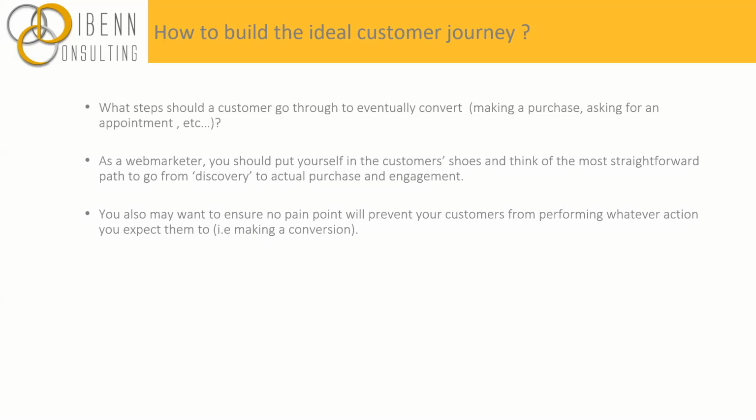Then, literally, put yourself in the customer's shoes and think of the most straightforward path to go from discovery to actual purchase and engagement, and see if everything is consistent from the beginning of the journey to its end. Ideally conversion. So that's making sure there are no pain points that could eventually prevent your customers from performing whatever action you expect them to.